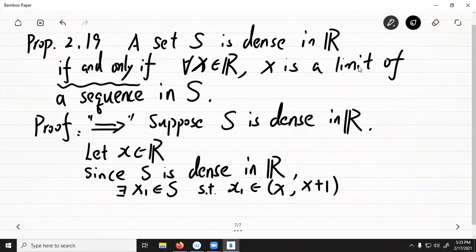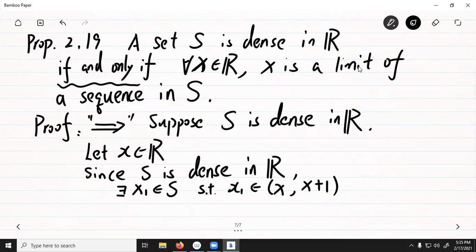This X is given, we picked X, so X is fixed. X to X plus 1 is a real interval, and since S is dense, in this interval we must have at least one element in S. So we take an arbitrary one and denote this point X1.